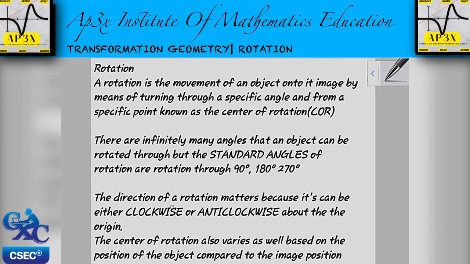Now, as I mentioned earlier, the tricky bit of this is not necessarily that the object is rotated through 90, 180, or 270, or that it's been rotated from a specific point. What makes this a little challenging is understanding the direction that you're rotating the object. For me personally, when I'm teaching my students, I particularly focus on anti-clockwise rotation.